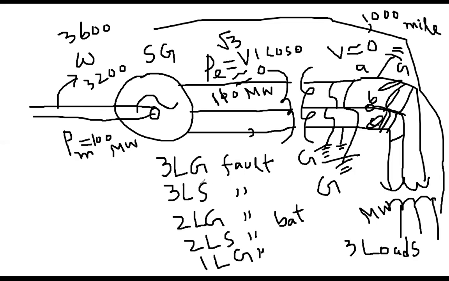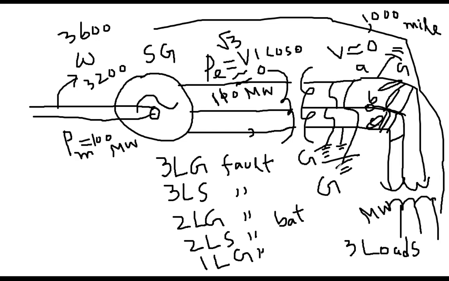Now, you see, this can be the five situations. 3LG fault, meaning that all 3 phases are shorted plus grounded. The example is the tree fallen on a stormy day. 3LS, just short circuit among 3 phases because of a human being or animal or whatever reason, and then 2LG, and then 1LG.